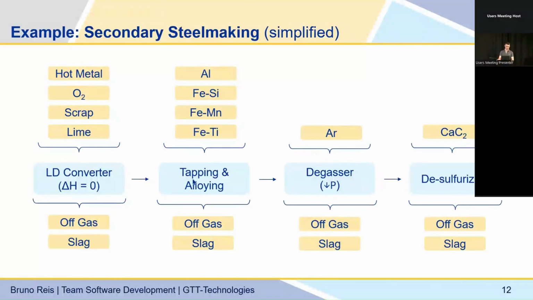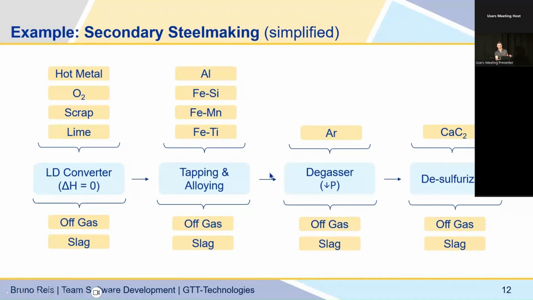So basically we have an LD converter. Of course, this is very much simplified. It's only a single reaction for each step, but we have an adiabatic LD converter where hot metal, oxygen, scrap, and lime come in. Then there's the output of gas and a slag. We have tapping and alloying with different alloying materials, and that also produces gas and slag.